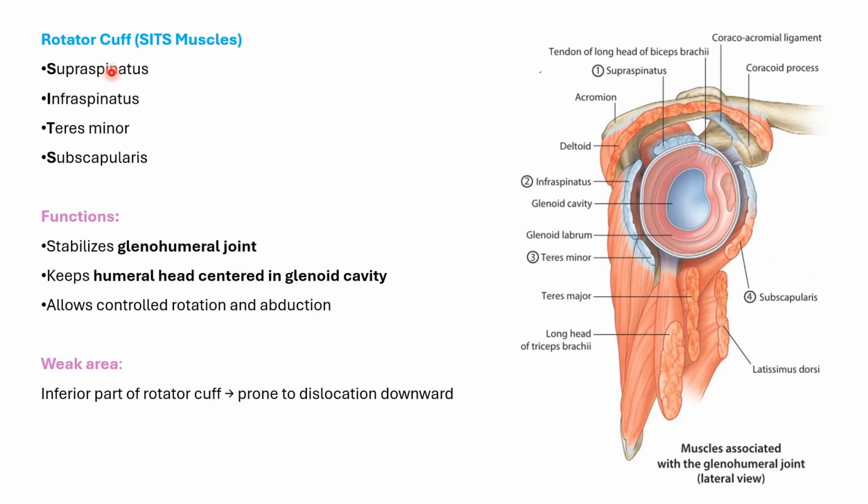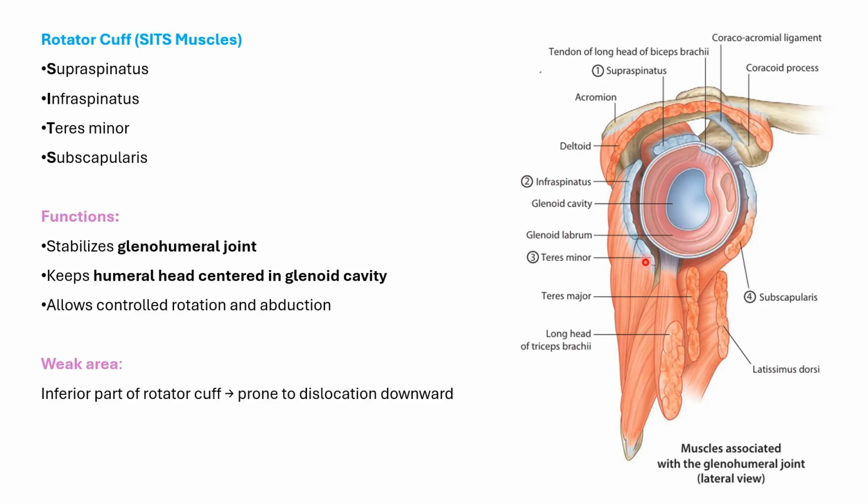Okay, now we look at the rotator cuff muscles. They are supraspinatus, infraspinatus, teres minor and subscapularis. You can memorize it: SITS. Okay, you can see this is the supraspinatus muscle and this is the infraspinatus muscle.